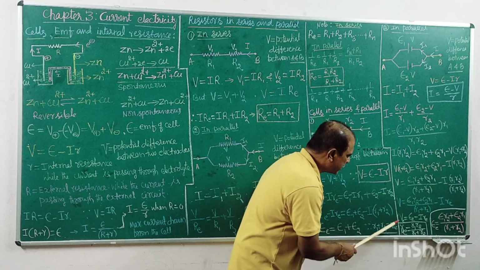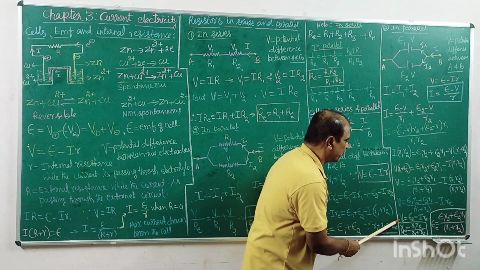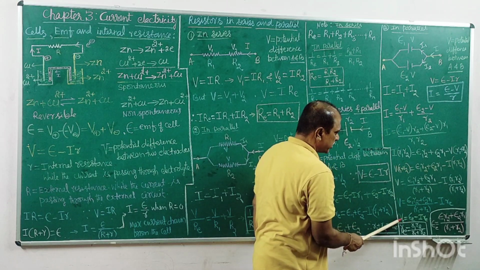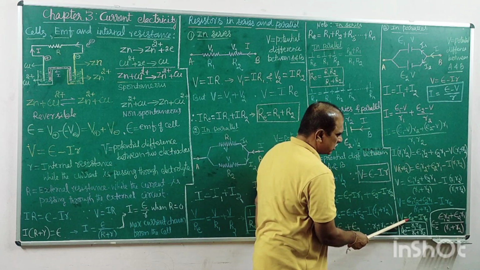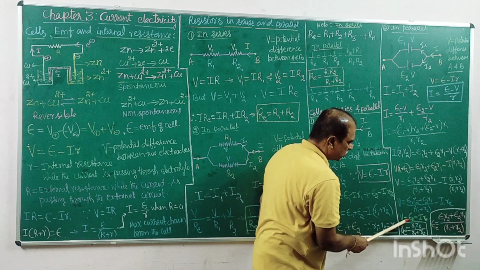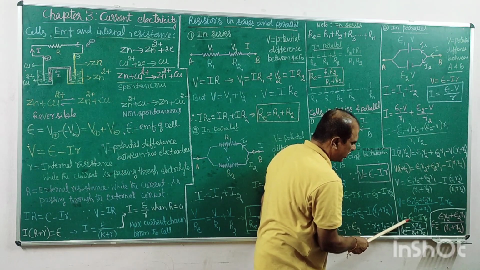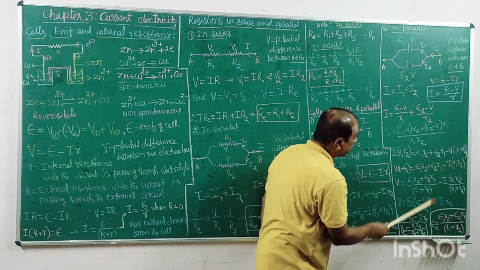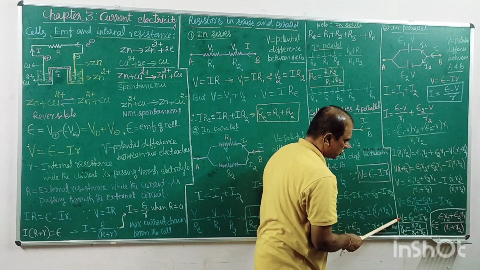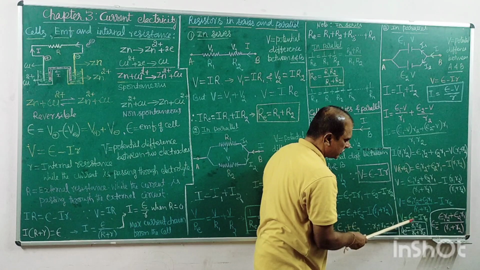And what is V for the effective case? That is the effective potential, the total potential, which is the same equation: epsilon E, the total EMF, minus I into RE. That is for the total effect. This one is already derived, and this one is for the total.